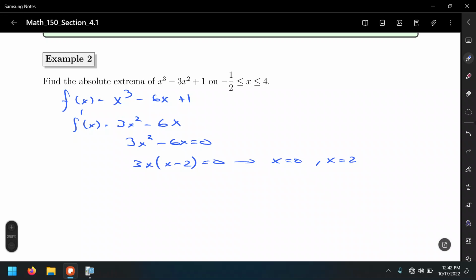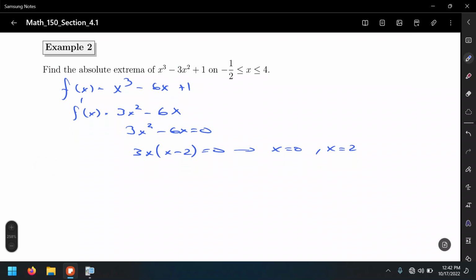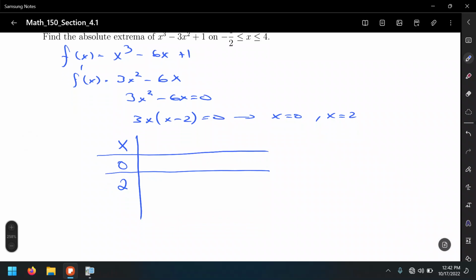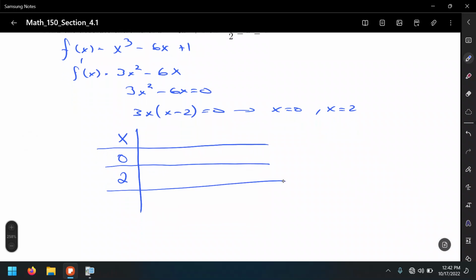So this is what we're going to do. We're going to make a table, and this table will include all the x values, the critical values, and the endpoints of the closed interval.